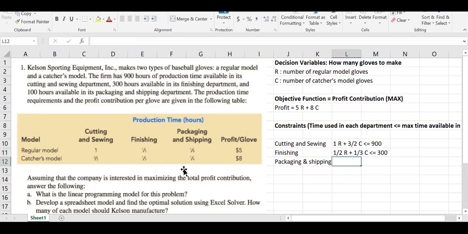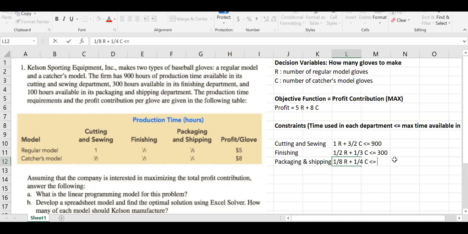For packaging and shipping, 1/8 of an hour is spent on each regular model and 1/4 of an hour on each catcher's model.